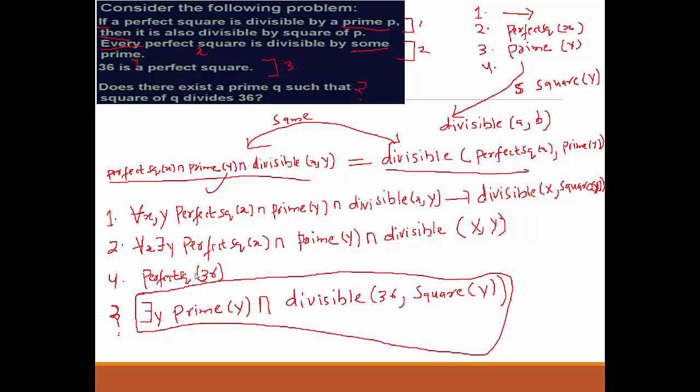Now the first thing that we will do is, using third and second, this is third and this is what we have to prove, we can have a universal elimination because 36 is a perfect square, and here we have a variable x, and for variable x we are having a universal quantifier. Therefore, this statement could be written like this. Let me shift to the new screen.